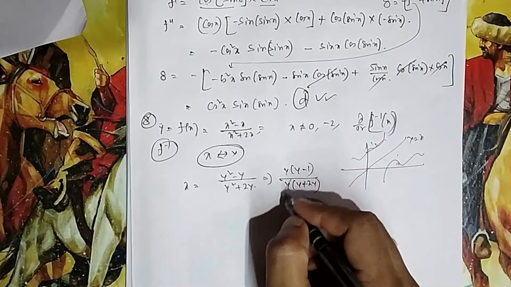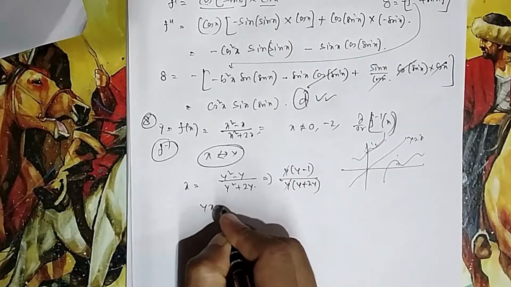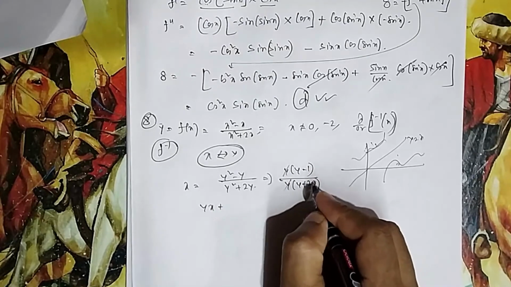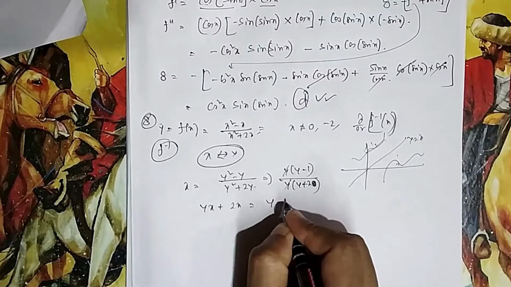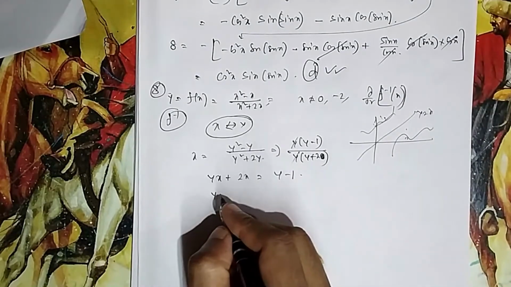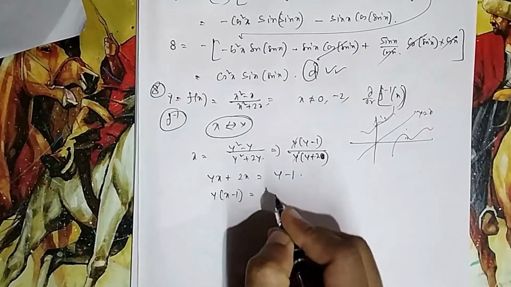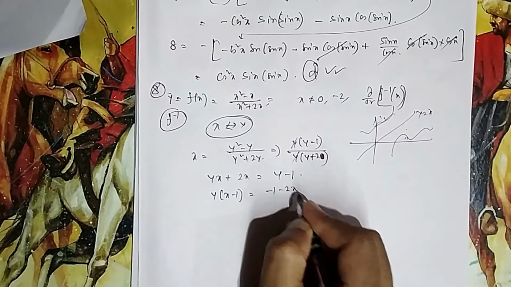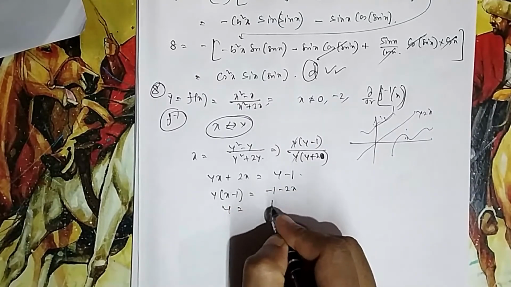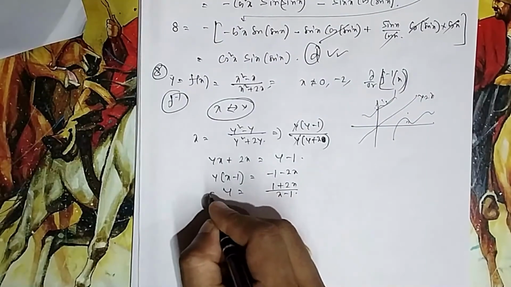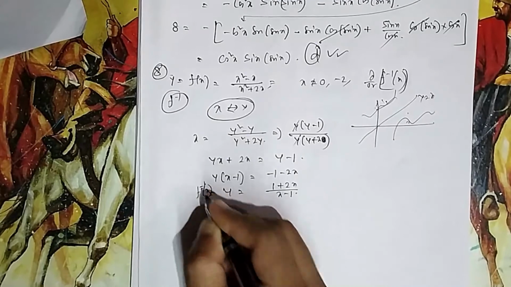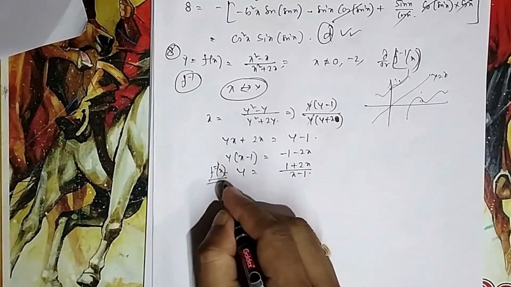So if you take out this y, it will be x(y plus 2) equals y minus 1. Or y, if you take this side, y(x minus 1) is equal to minus 1 minus 2x. Or y is equal to (1 plus 2x) by (x minus 1). So this is your inverse function actually. If you change the position of x and y, find y, this is your f inverse x.